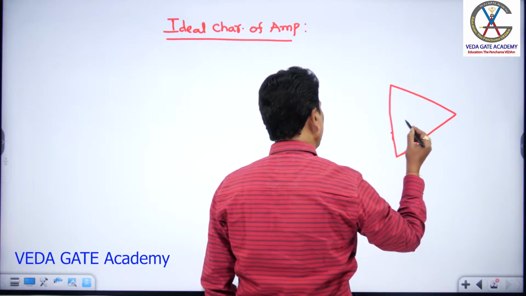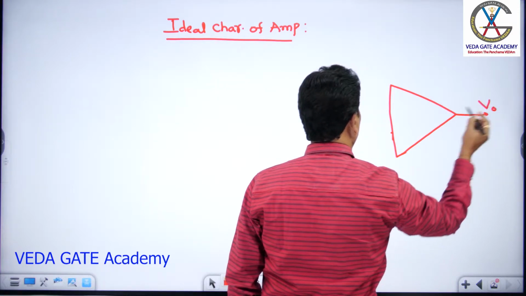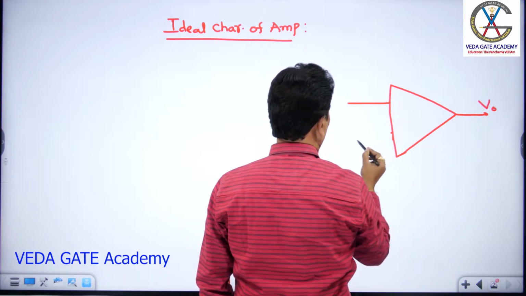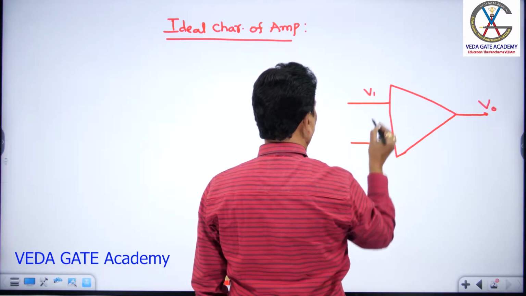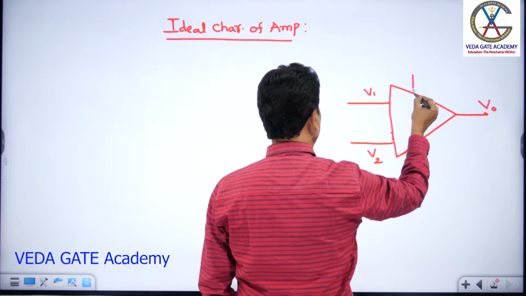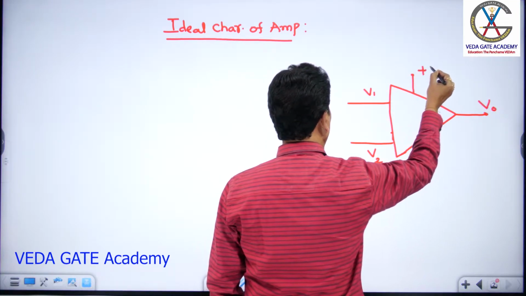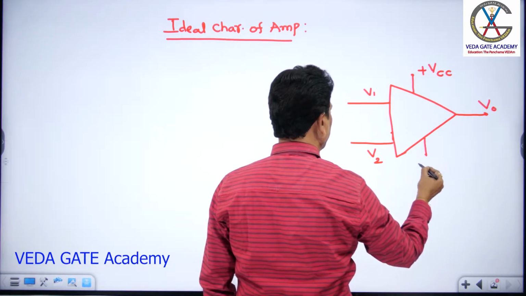This is the output terminal V0. It has two input signals, V1 and V2, and it uses two bias supplies, also called saturation voltages, plus VCC and minus VCC.